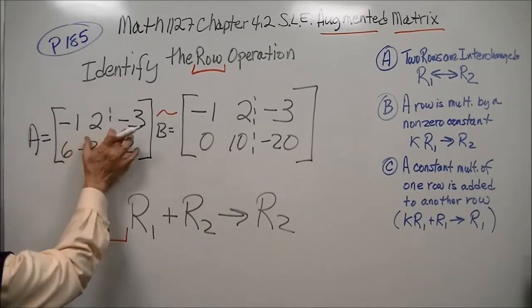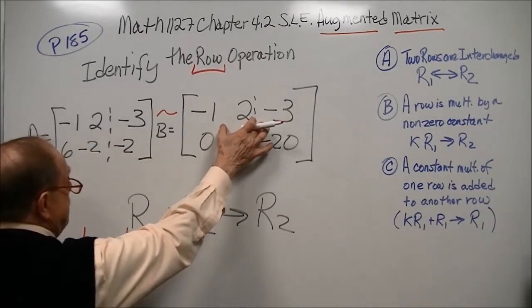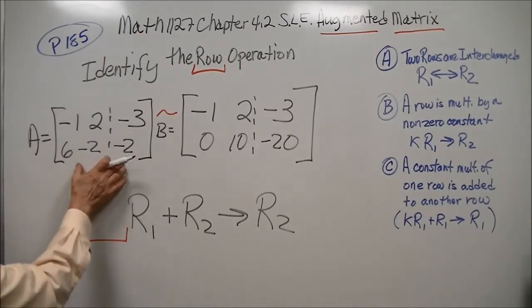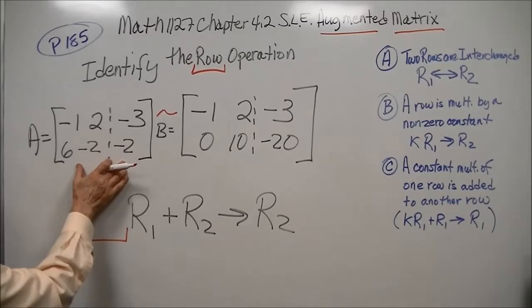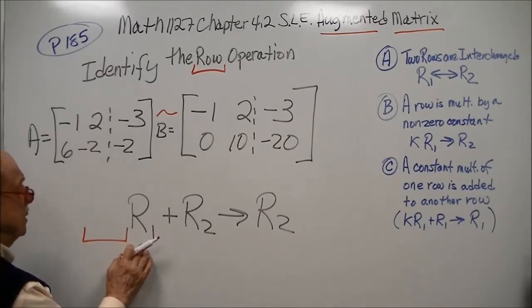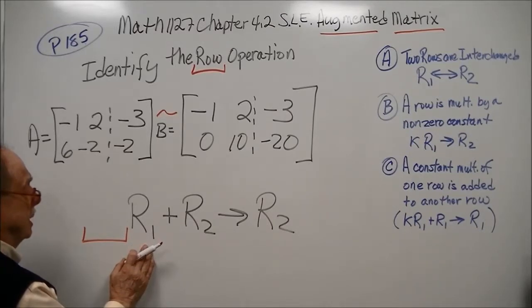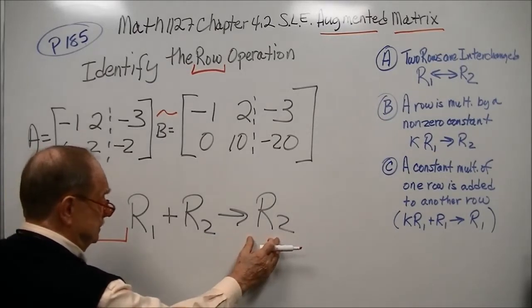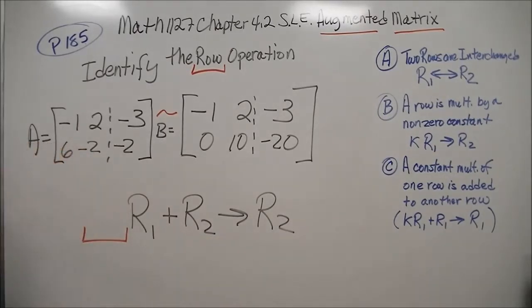Now we notice row 1 stays the same, and row 2 has changed. So you're brainstorming, wondering what went on. Well, could they have done something to row 1, added it to row 2, and then replaced row 2? And in fact, that's what it was.